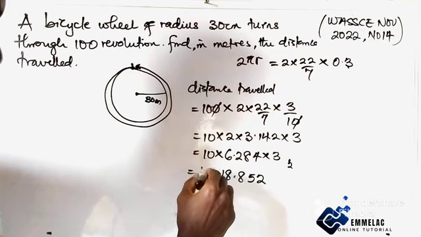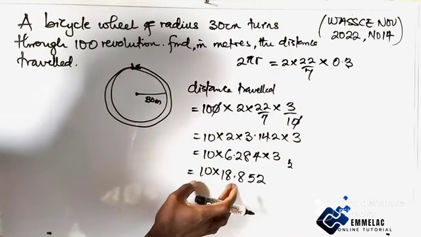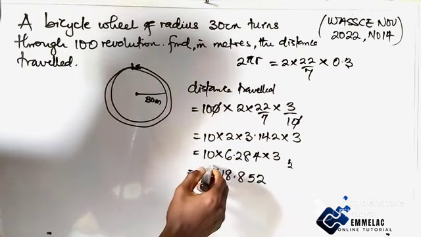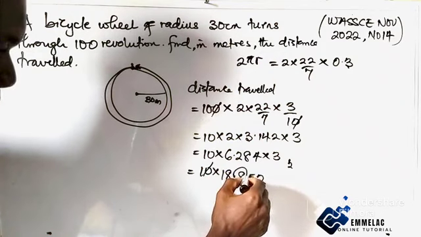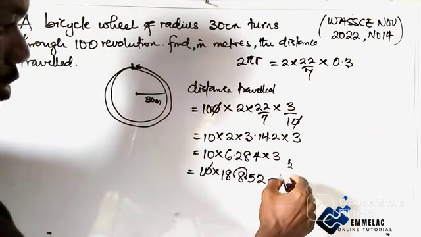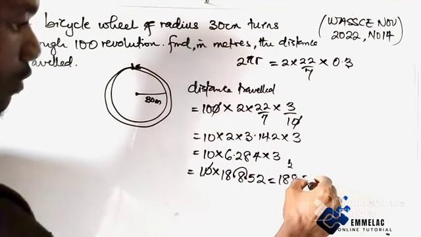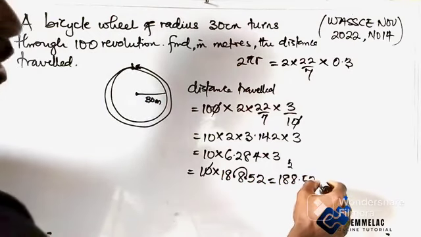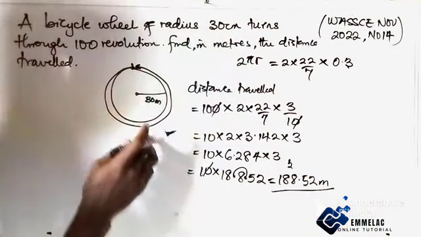Take note that we still have the 10 times, so multiplying by 10, we just shift the decimal. Here we have 188.52 meters. This is the final answer to this question.